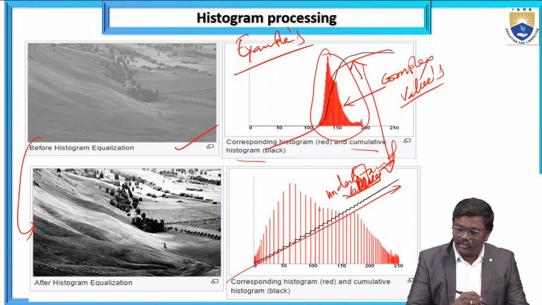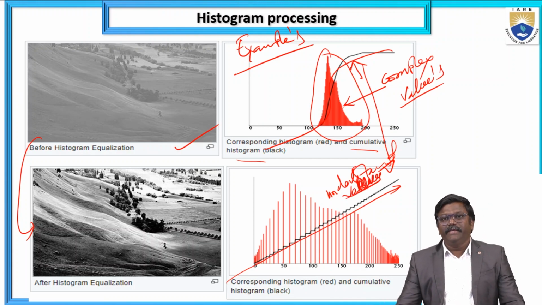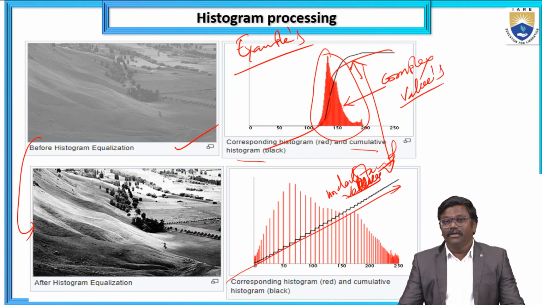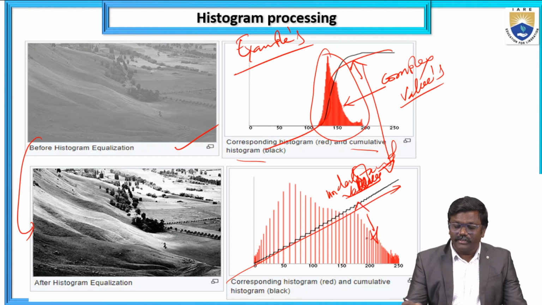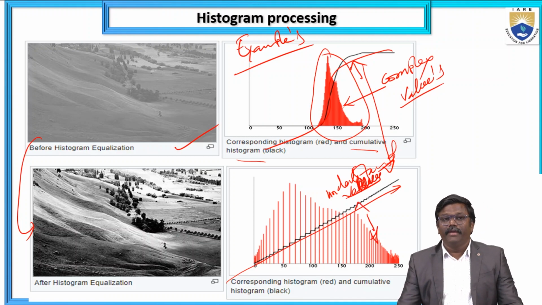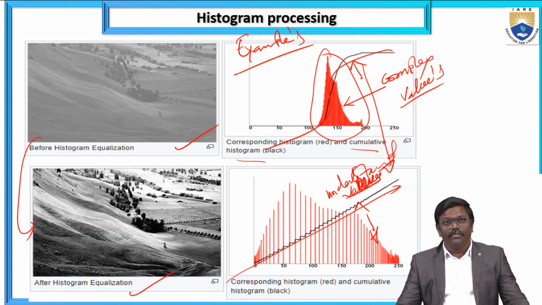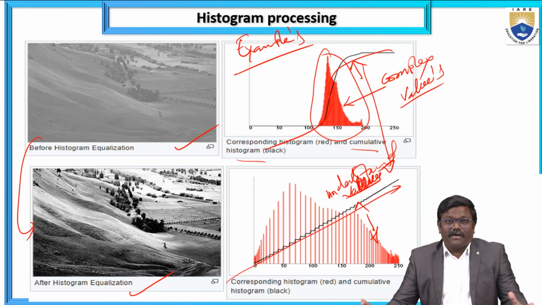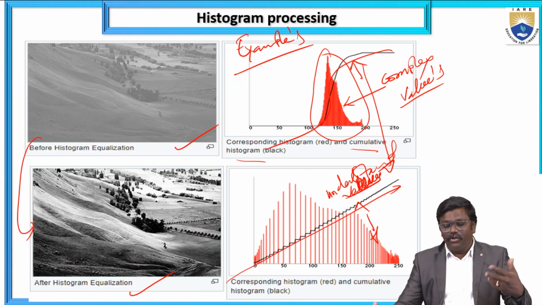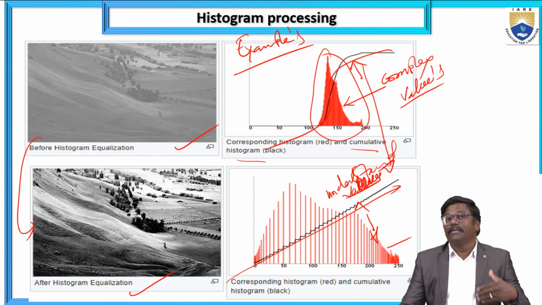In the corresponding histogram, the red color and the black color cumulative histogram can both be understood in terms of equalization. Before equalization, the cumulative histogram is complex and not understandable. After histogram equalization, you get very clear and readable information. That is the very good advantage of histogram processing, which can be applied to achieve enhancement.